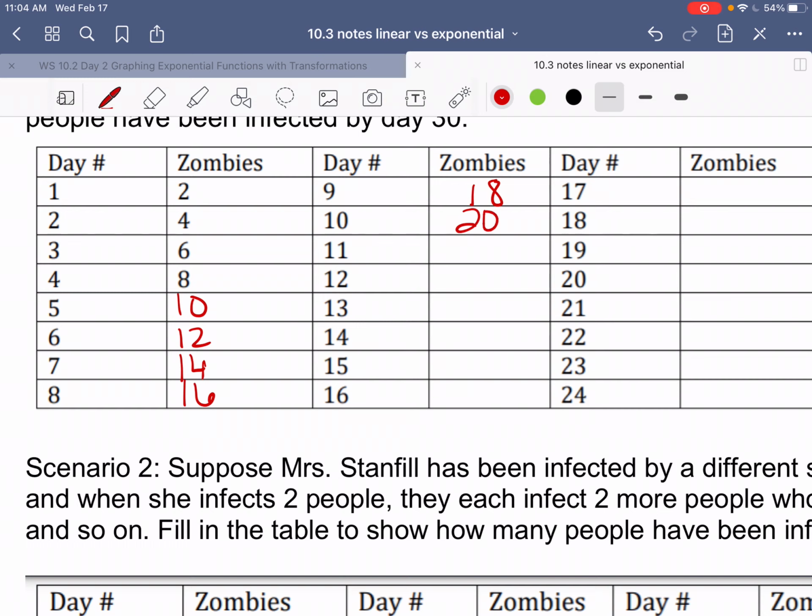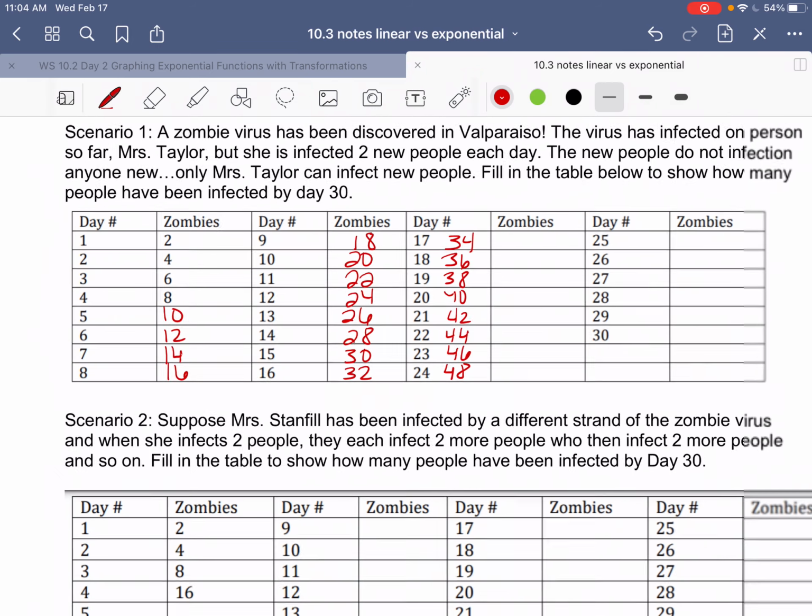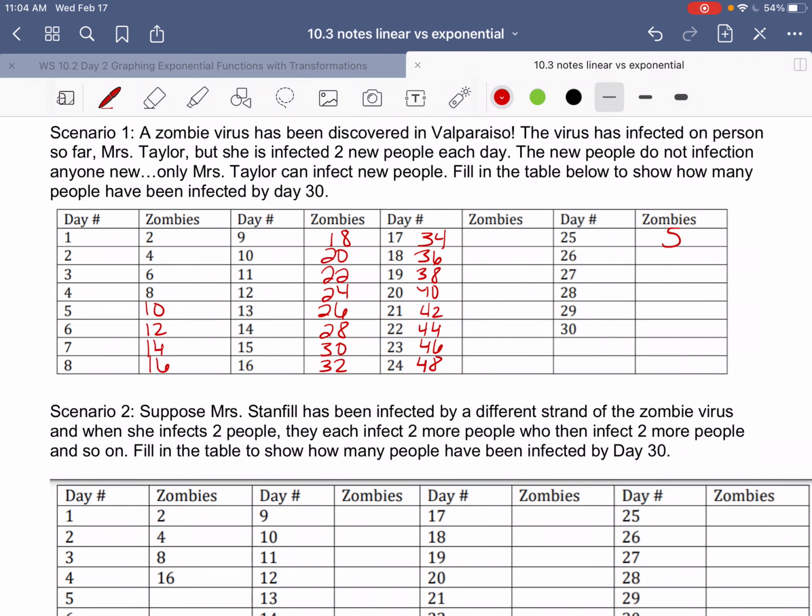So I'm just going to add 2 to all of these for my table. So by day 30, she's only infected 60 people because she, again, just is doing 2 people each day.